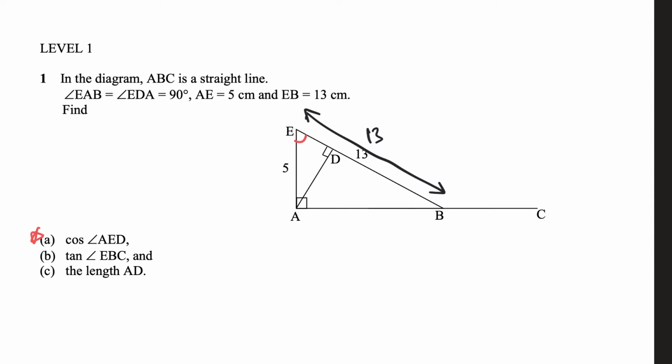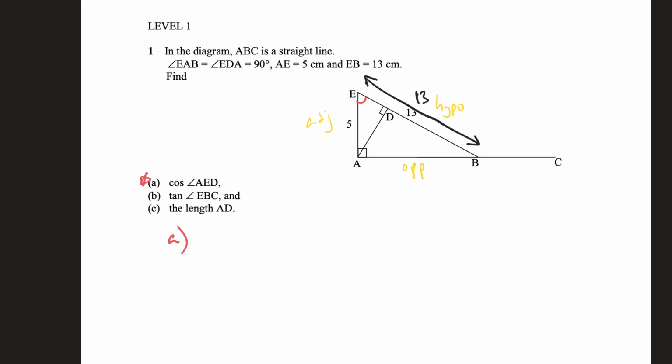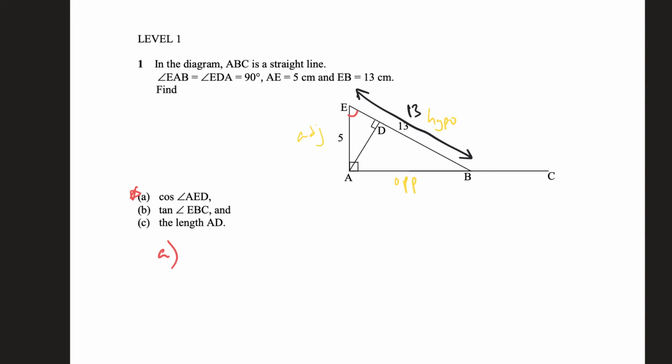If you rotate the paper a little bit, you will see that in this triangle, with this 90 degrees and this angle I'm talking about, this will be my hypotenuse as usual, this will be my adjacent, and this will be my opposite. So cosine of AED is adjacent over hypotenuse, which is 5 over 13.